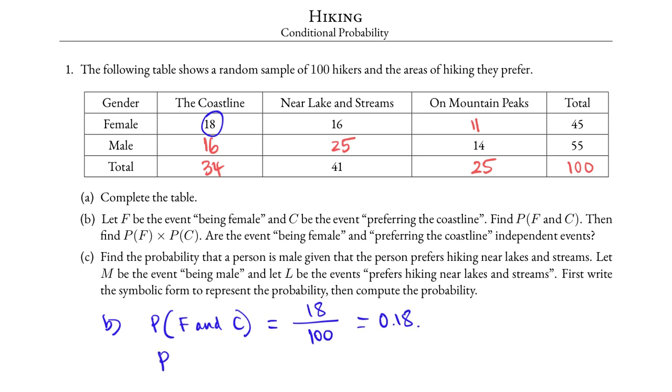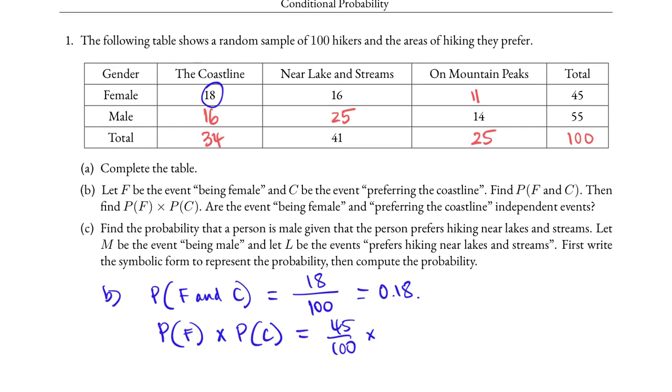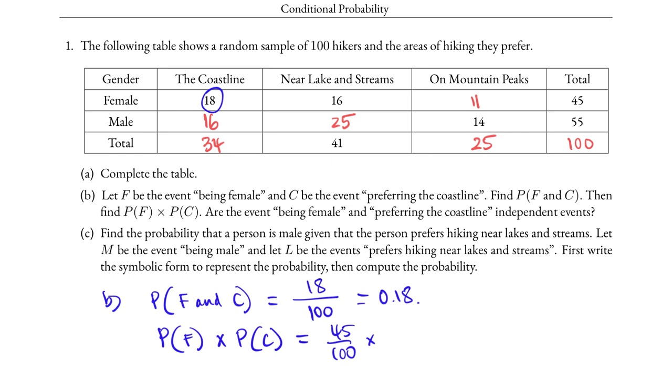Find the probability of F times the probability of C. The probability of F, in this case being female, is 45 out of 100, times the probability of C, preferring the coastline, which is 34 out of 100.